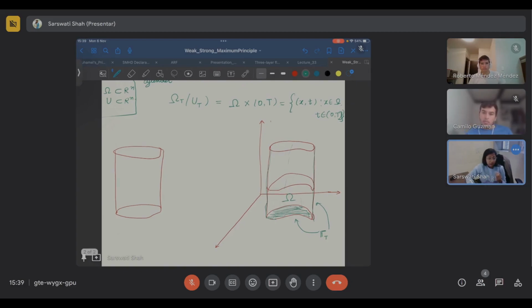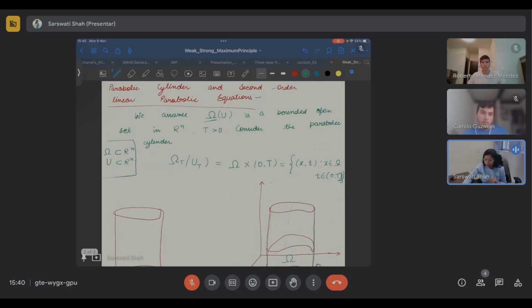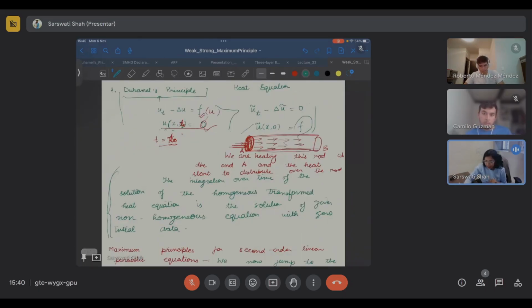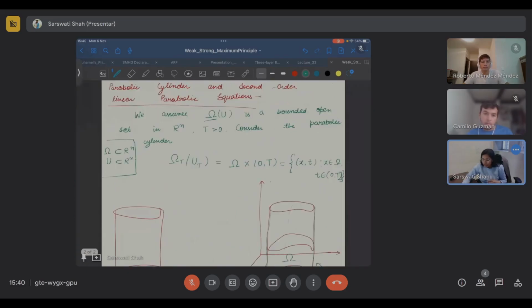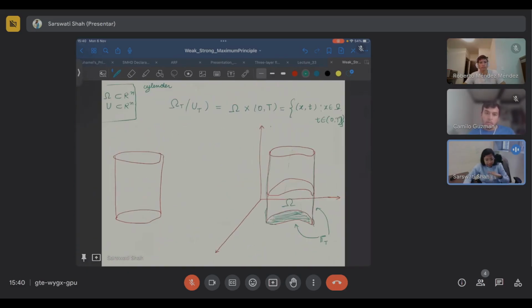And when you are saying that you are heating this rod, in which direction will T vary? If you are heating this rod, in which direction will T vary? This direction? You are heating the rod at this position and then the temperature is increasing in this direction, isn't it? T and X and Y. So in this one, where will T vary? In the upward direction?